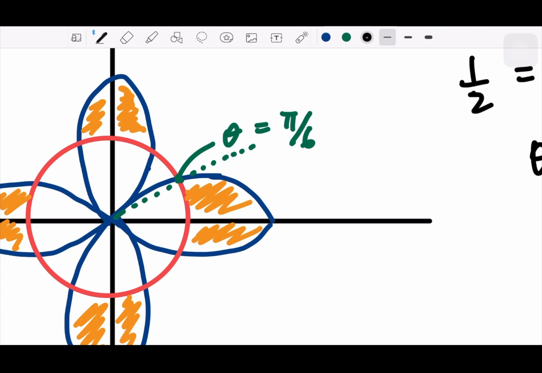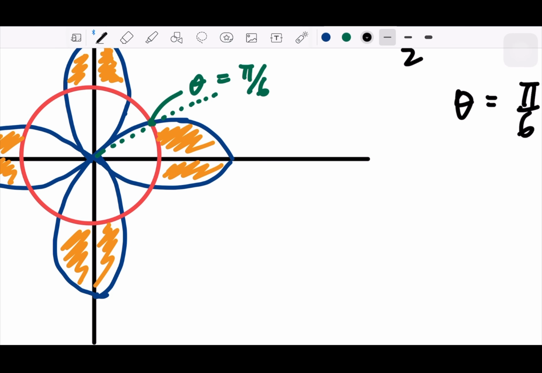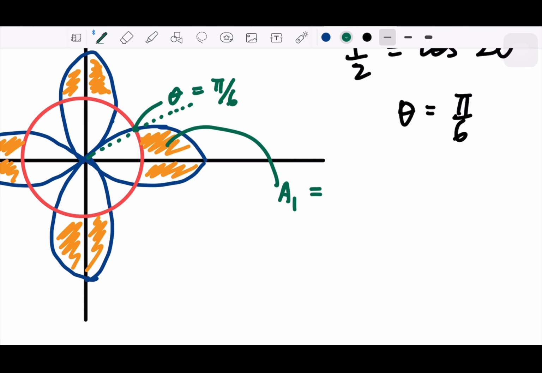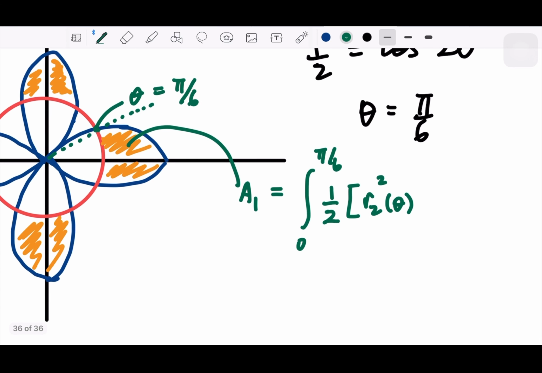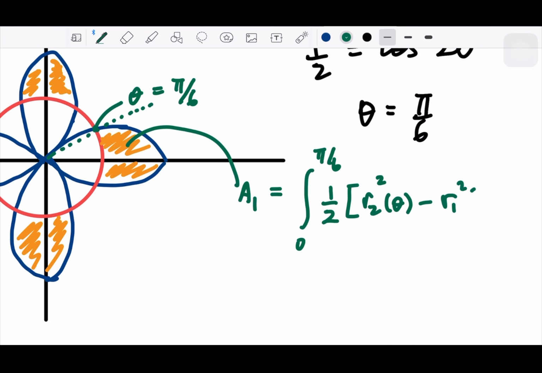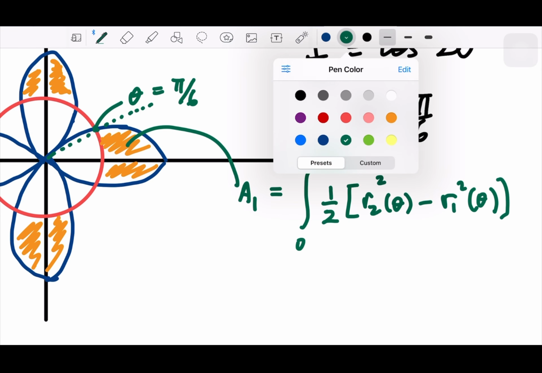Okay, so let me write that for you. Let me take this as A1. A1 will be from 0 to pi over 6, and the formula is the same, half r squared. So this will be, let's say R2 for the rose, minus R1, let's say this is the circle.